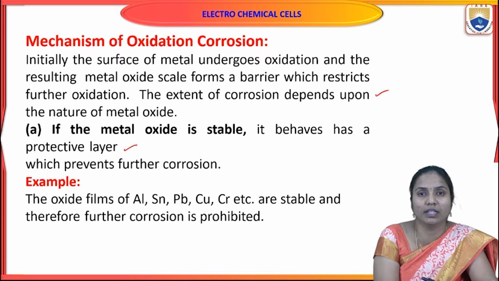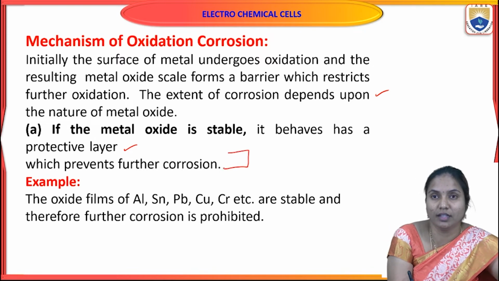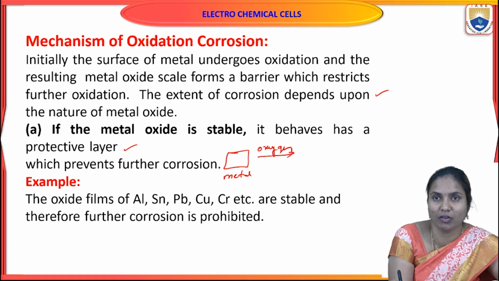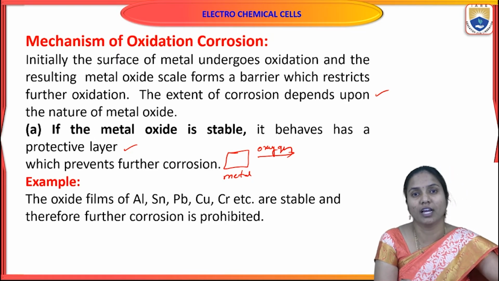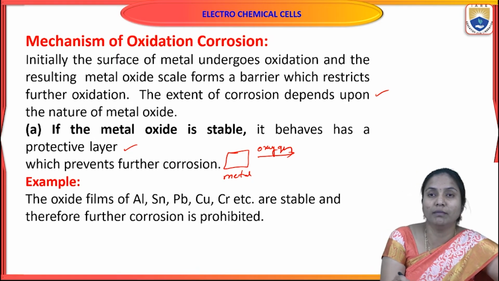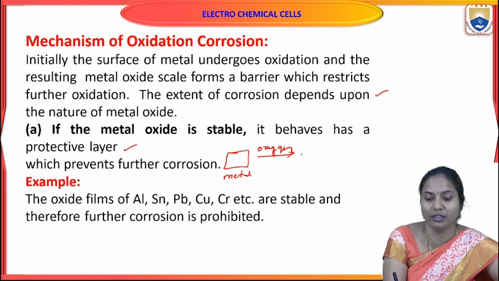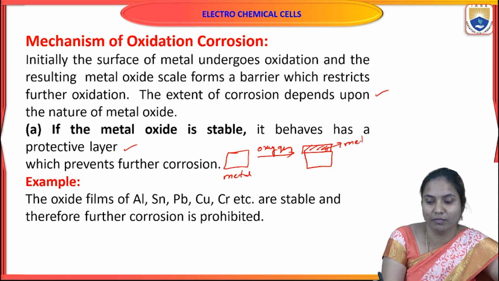If the metal oxide layer is stable, for example, this is a metal, any metal, when it interacts with atmospheric oxygen, because it is an oxidation corrosion, it forms a metal oxide layer on the metal surface.